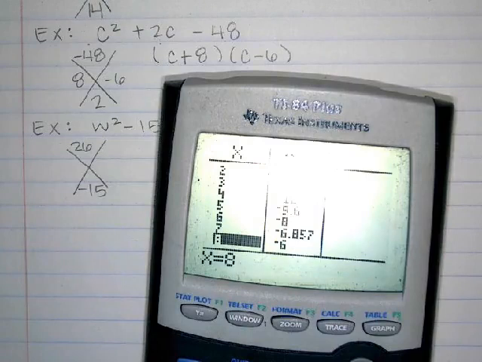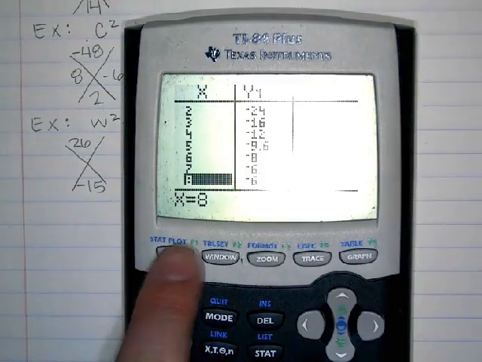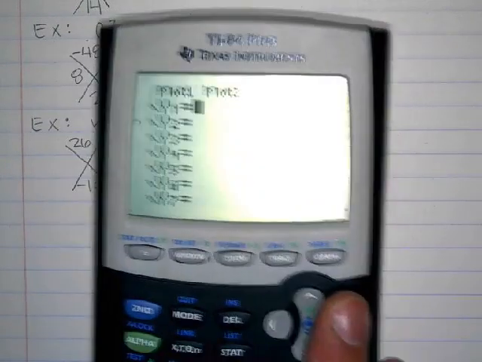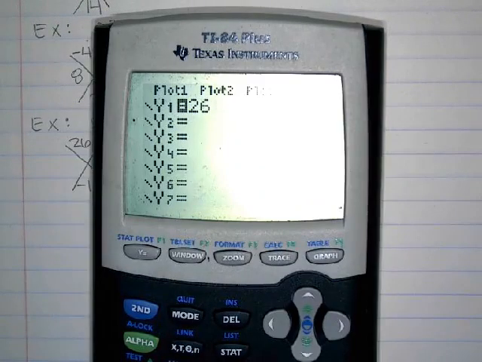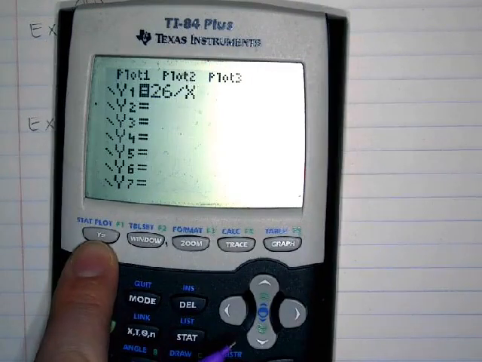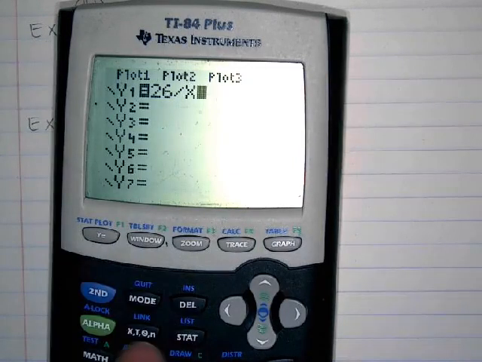So I'm going to go back to the y equals and type in 26 divided by x. The x button is right here by the green button.